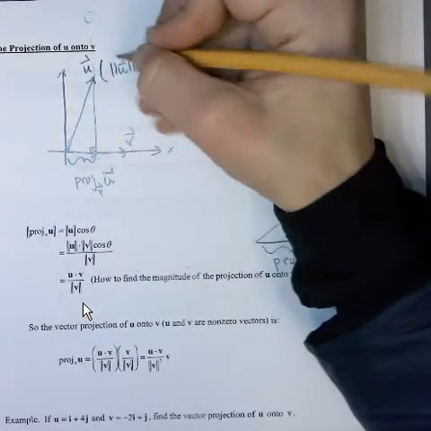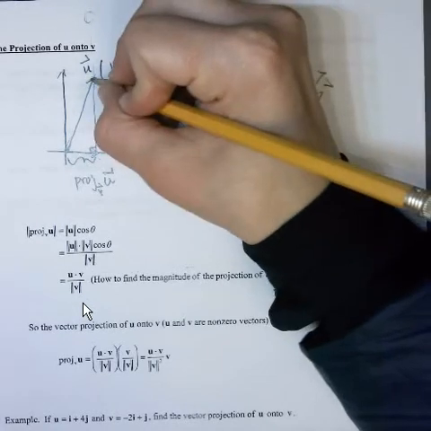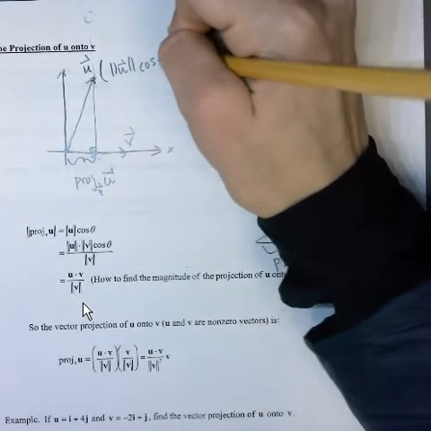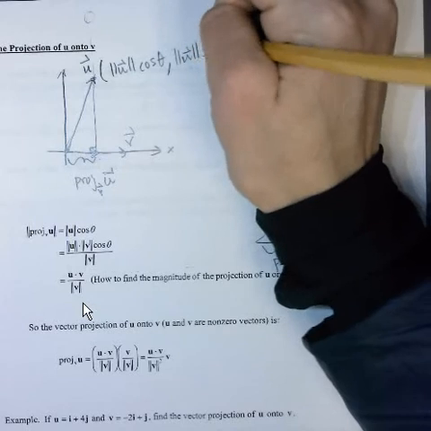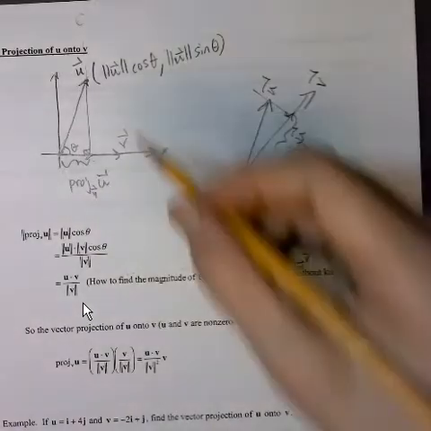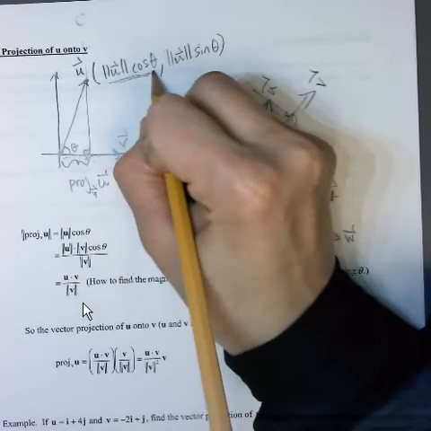Well, excuse me, I'm writing ordered pairs, that's the ordered pair here. But these would be the components of vector u as well. Magnitude of vector u, sine theta, right? And this is theta, of course. So this length here, that is the horizontal component.